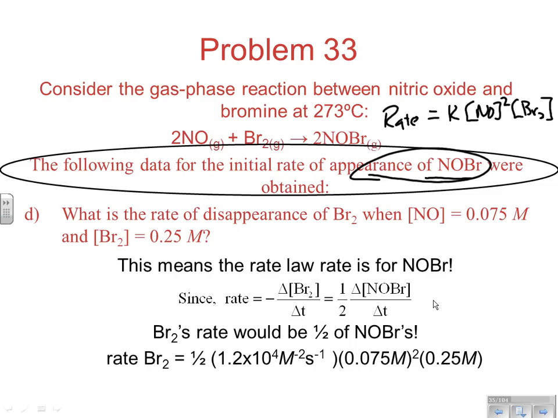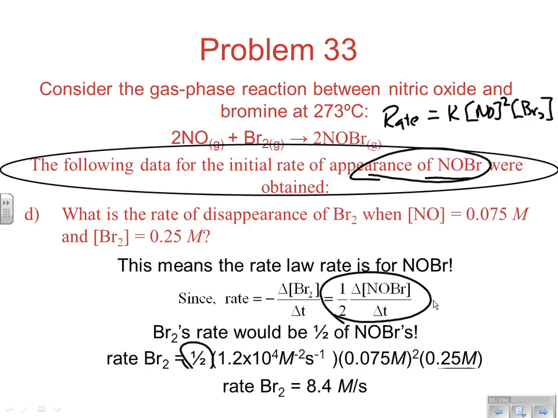If this is the rate law expression with respect to NOBr, and Br2 is going to be half of NOBr's rate, then plug your numbers into the rate law expression. That's what I've done down here. I'm using my k, I'm using my two concentrations raised to the appropriate power, and I'm multiplying it by half based upon the stoichiometry. That would give me the rate of Br2.